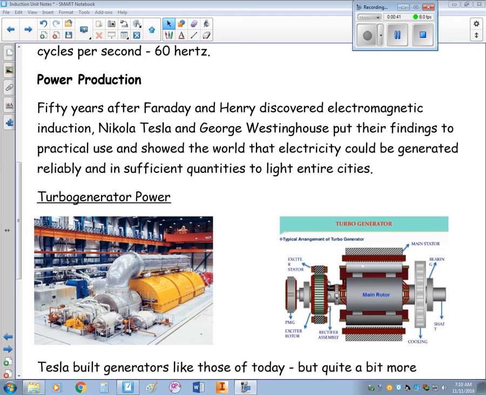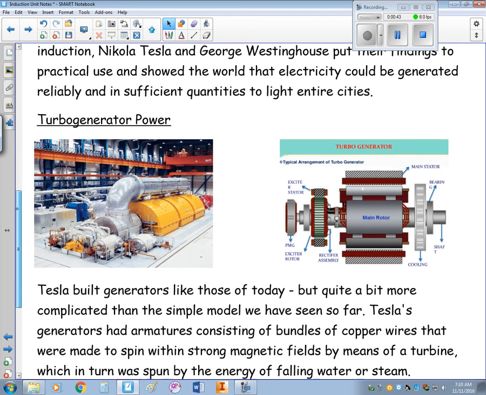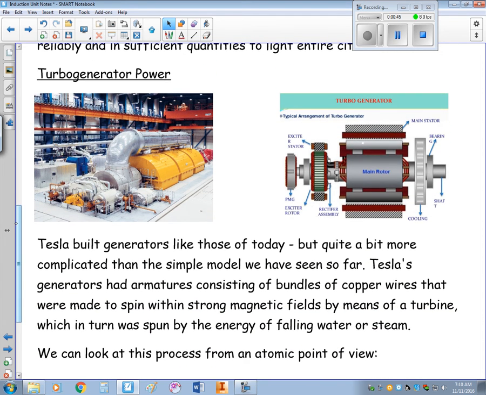So one thing that Nikola Tesla helped design was the turbo generator. These are really, really massive generators. I have a schematic of one. Basically, it uses part of the electricity being generated to make an even stronger magnetic field, so that as the wires turn inside that magnetic field, they're turning in stronger and stronger fields.